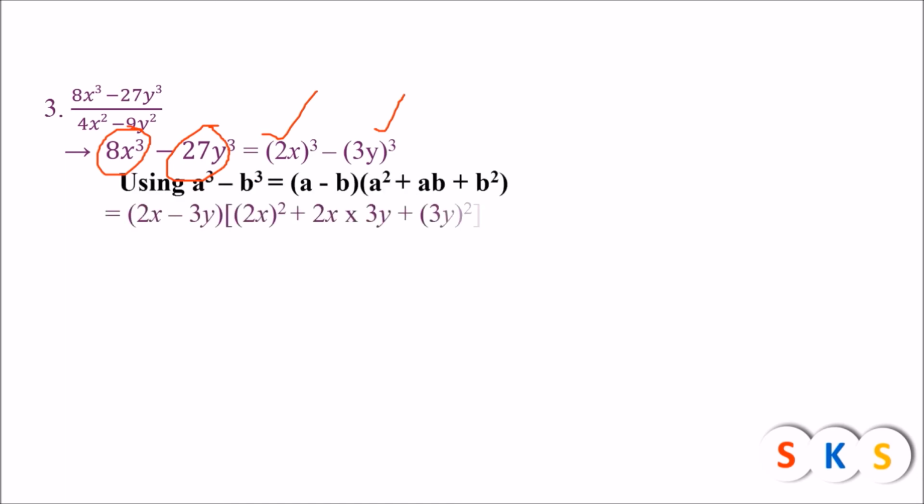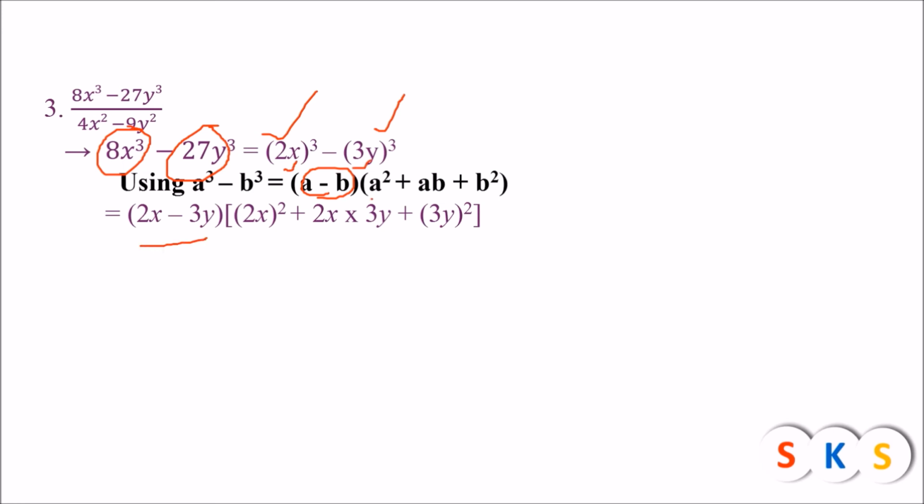So what we will get here? 2x minus 3y into 2x whole square plus 2x into 3y plus 3y the whole square. Let's see how we got this. a minus b, and what is a? a is 2x and b is 3y, so we get here 2x minus 3y.